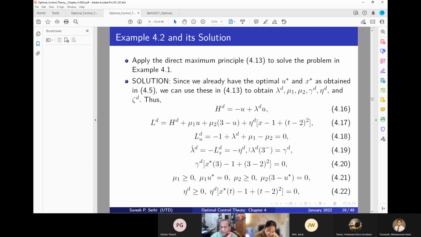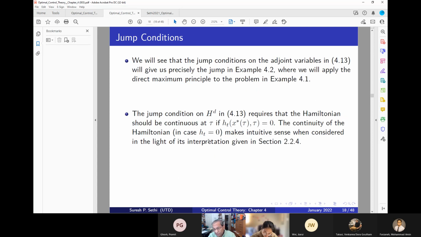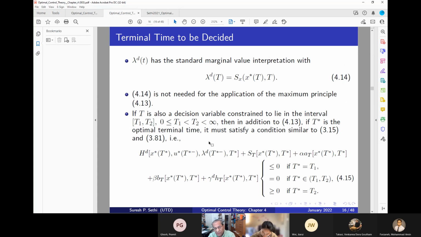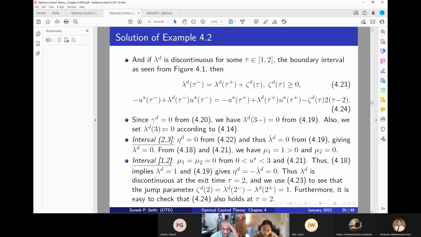And of course lambda d at 3 is equal to 0, because that is exactly the salvage value, that's 4.14, which is given by the salvage value condition. So we have to go through all of these places. So there is no jump at 3. So 4.23 is satisfied.